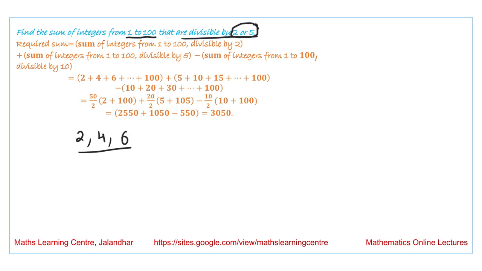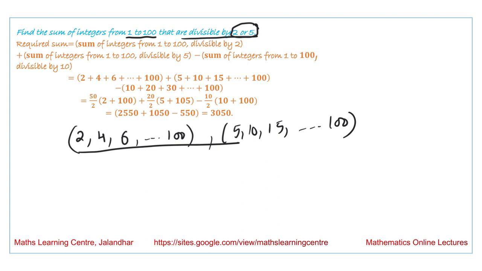These are the numbers that are divisible by 2, up to 100. Then the numbers which are divisible by 5 are 5, 10, 15, and so on up to 100. Then we have the numbers which are divisible by both 2 and 5, so they are 10, 20, and so on up to 100.